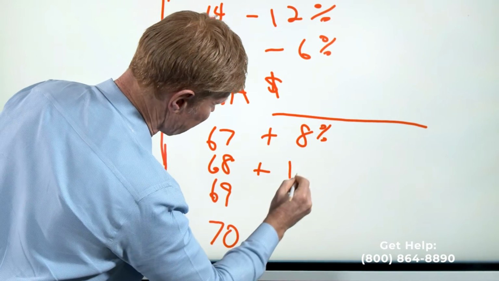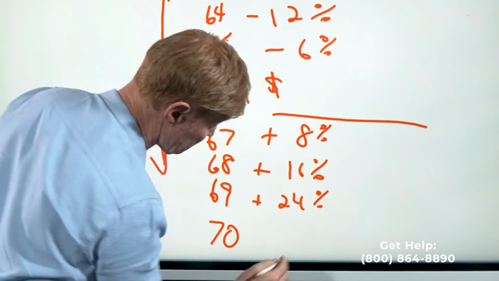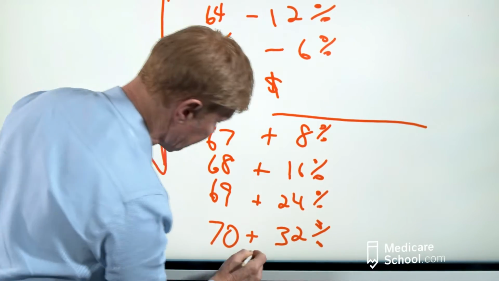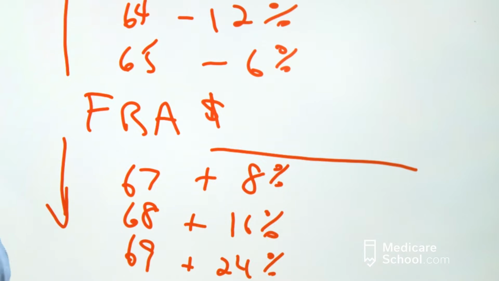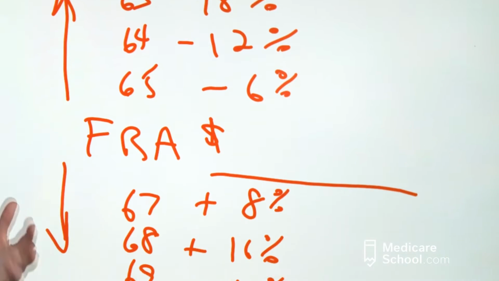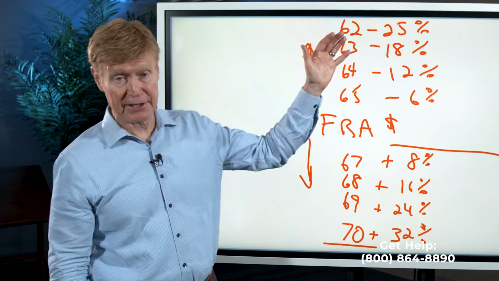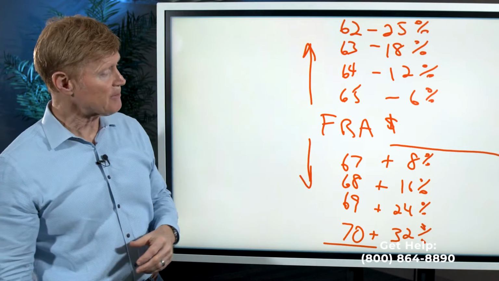So 8% if I wait 1 year, 16% if I wait 2 years, 24% if I wait 3 years, and I grow it a full 32% if I wait to age 70. Okay, so at full retirement age, they will establish that amount. If I take early, I take less. If I take later, I'm going to take more benefits. So that's the first decision we have to make: do I want to take early and get less, or get more and delay taking my retirement benefits?